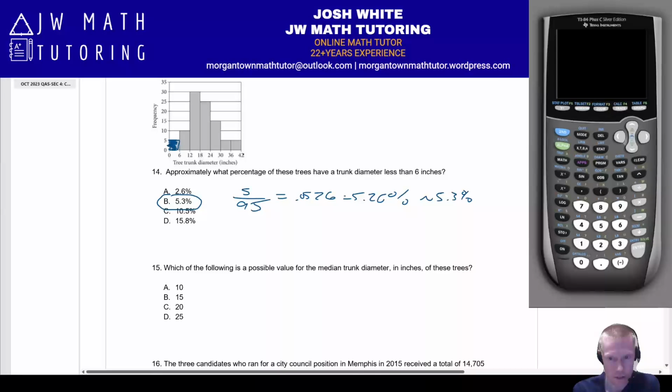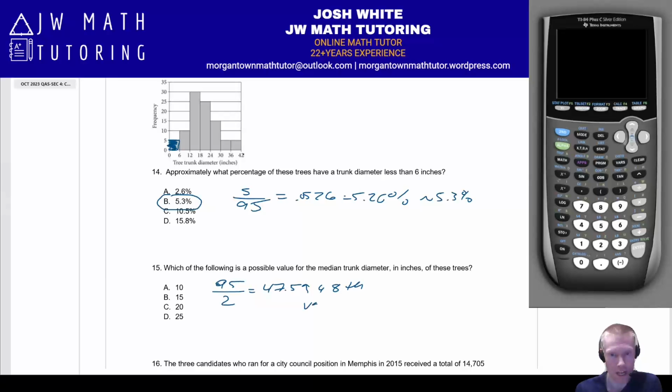Now, for 15, it says which of the following is a possible median value. So there are 95 total values in terms of tree trunk measurements for diameters. So if you divide 95 by 2, you get 47.5. Then if you round that up, that turns into 48.